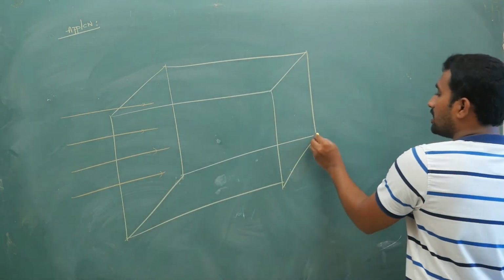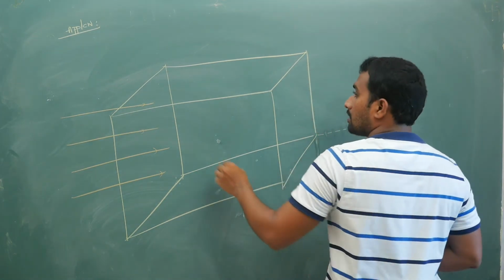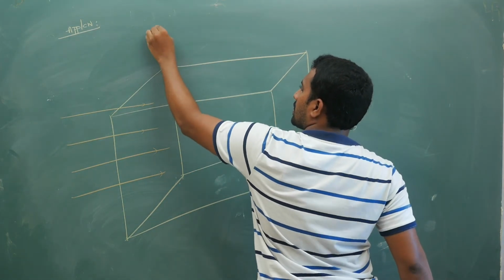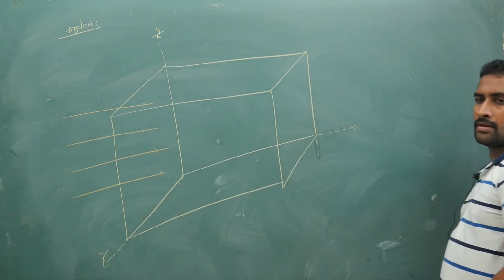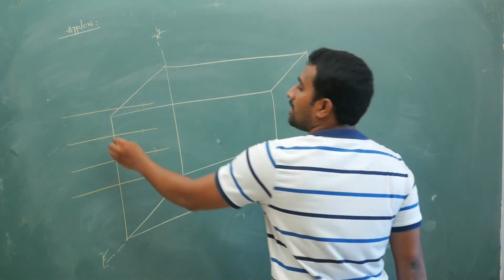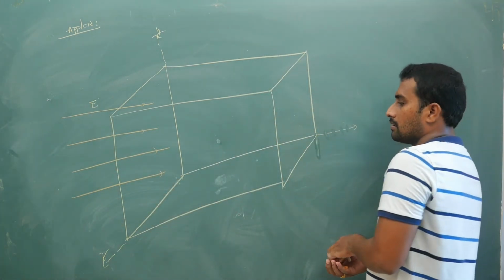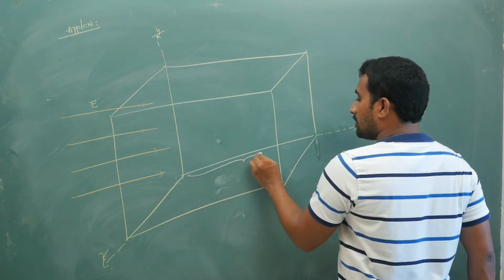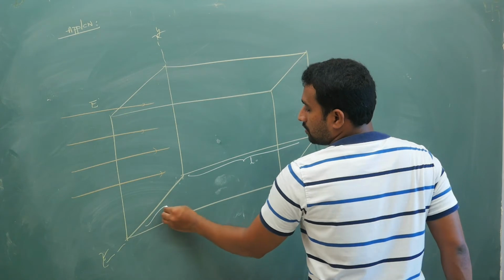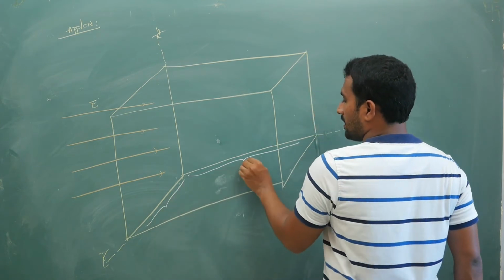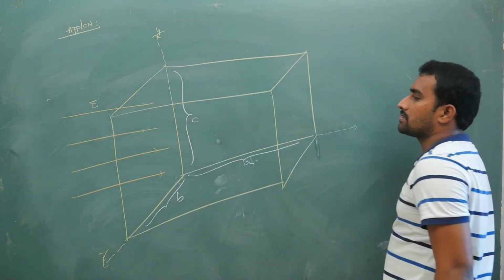This is your x-axis, this is your y, this is your z-axis. Now let us say the electric field E is going from left to right. This length is L, or I will put A, B, and the height is C, like this.